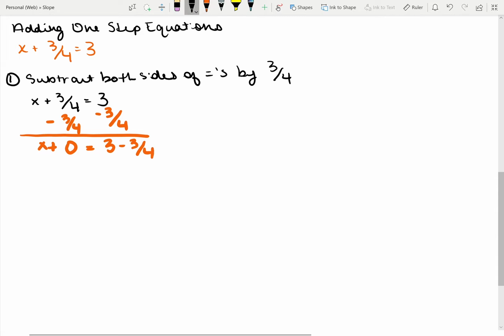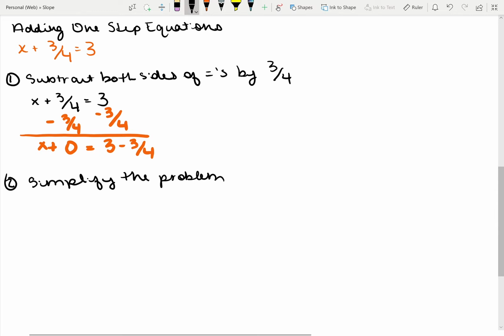Okay. Now, step number 2. Simplify. I was going to put right hand side, but let's just say simplify the problem. Make things a little bit simpler for us here.